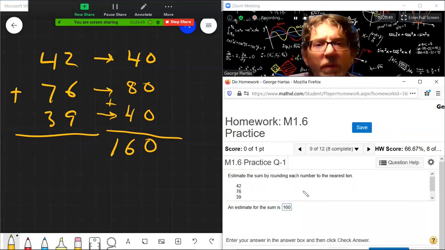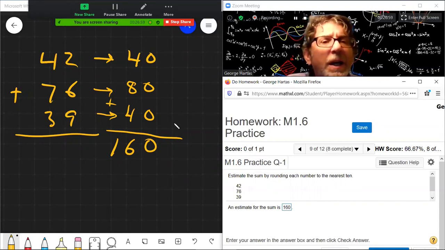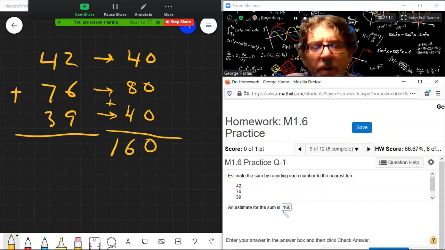Oops. Let's see what we got here. 42 is 40. 76 is 80. 39 is 40. An estimate for the sum is 160.